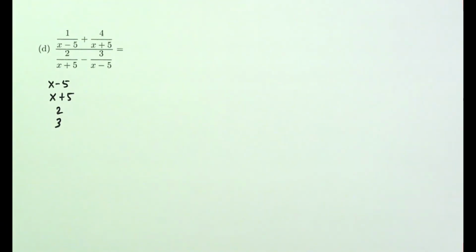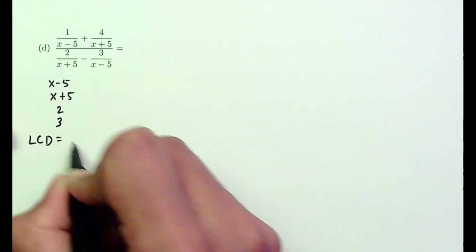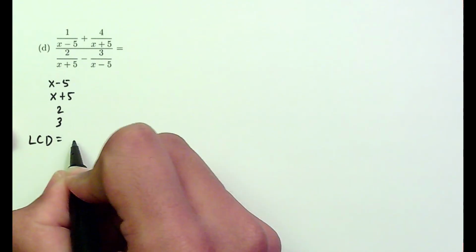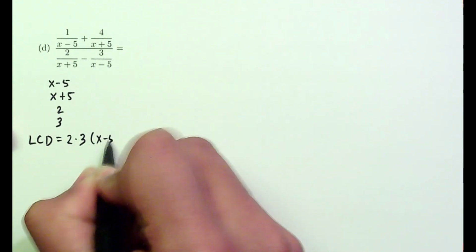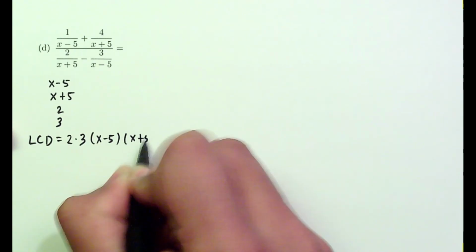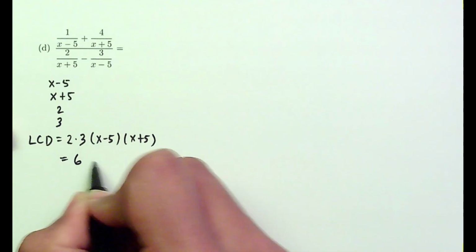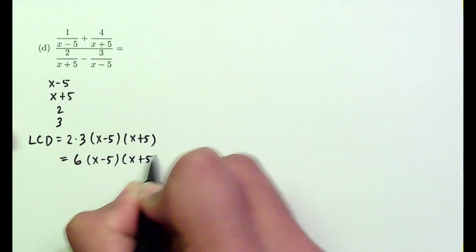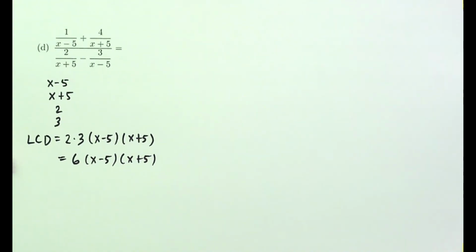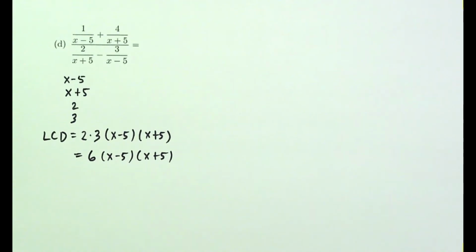So the LCD of all these is going to be 2 times 3 times (x minus 5) times (x plus 5), which, simplifying just a little bit, is 6(x minus 5)(x plus 5). Okay? So that is the LCD. So the LCD is this.